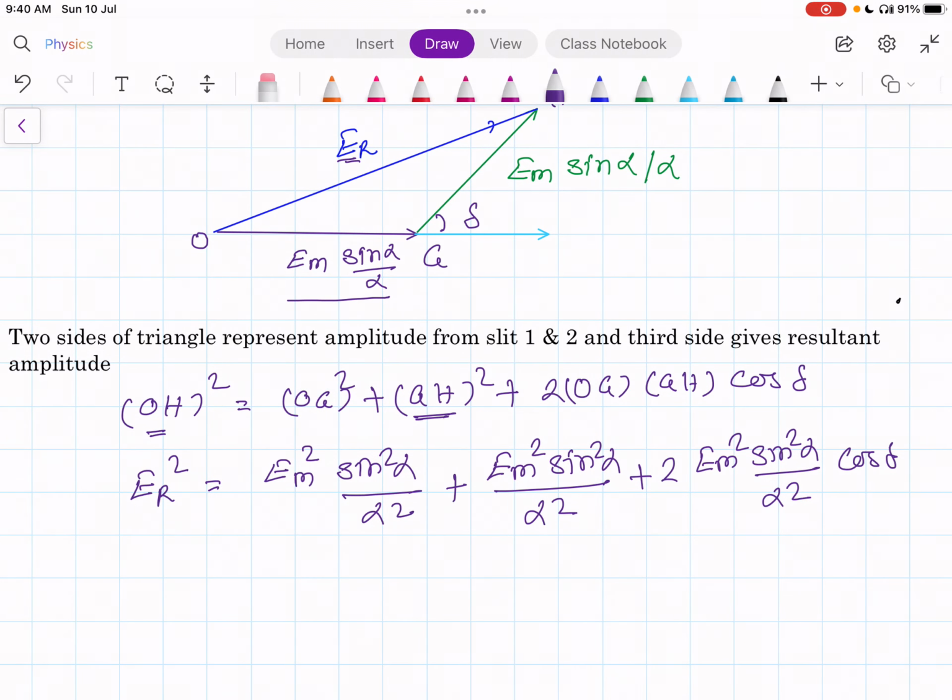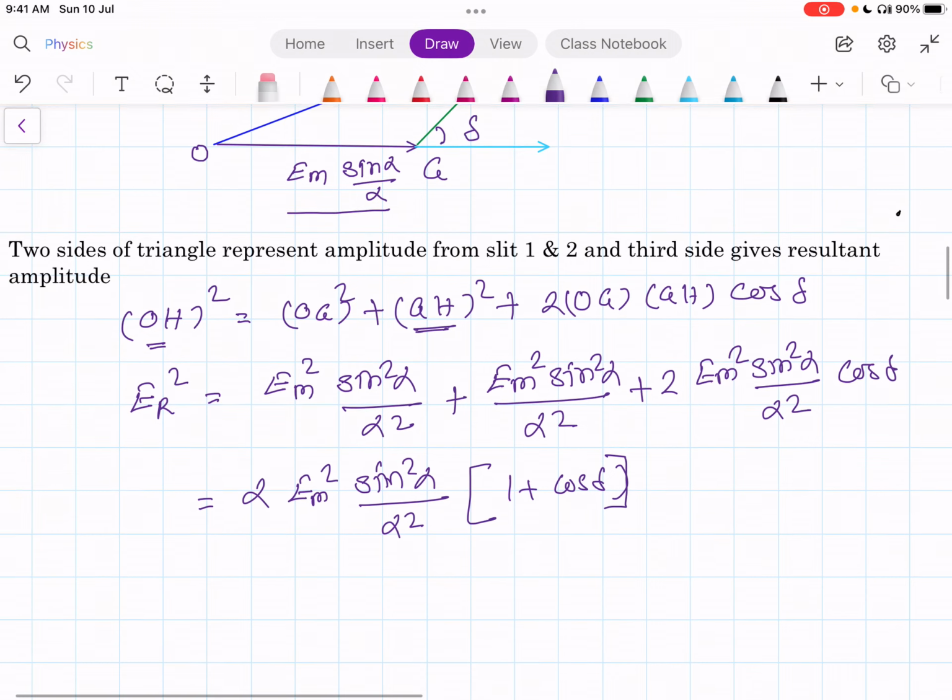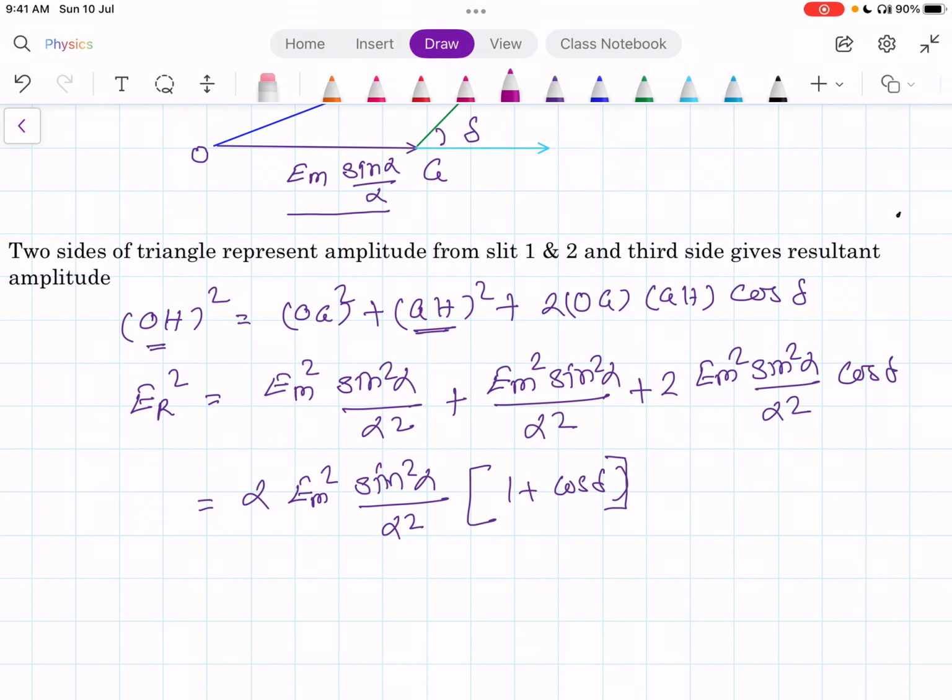Let us take the common quantities. In this case, common is 2 Em square sine square alpha upon alpha square, then into the bracket 1 plus cos delta. As you know, 1 plus cos delta is equal to 2 cos square delta by 2.